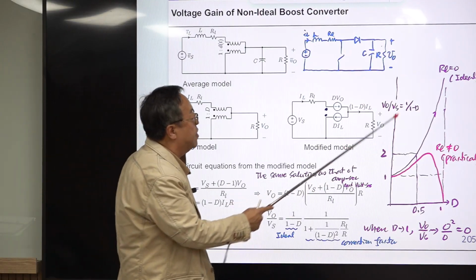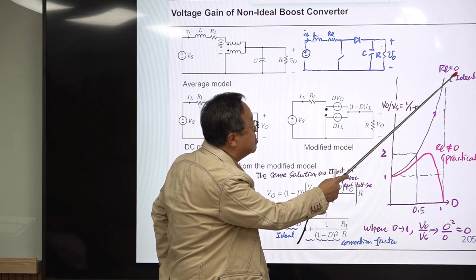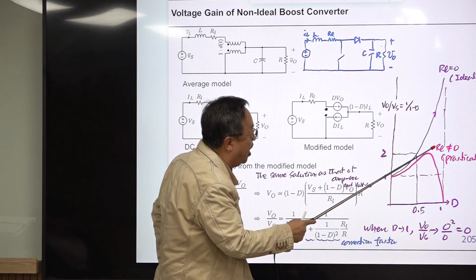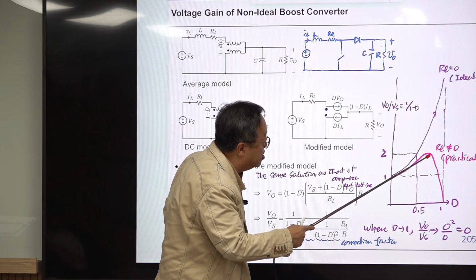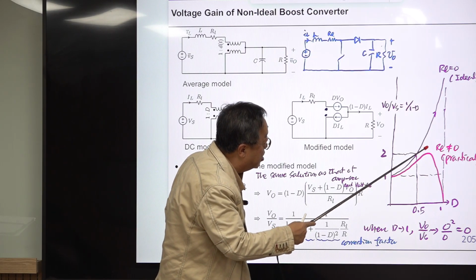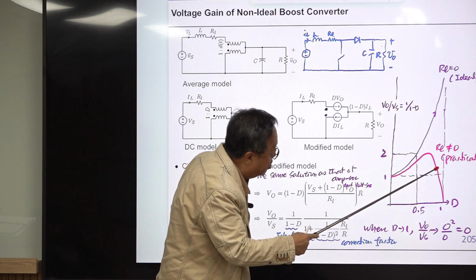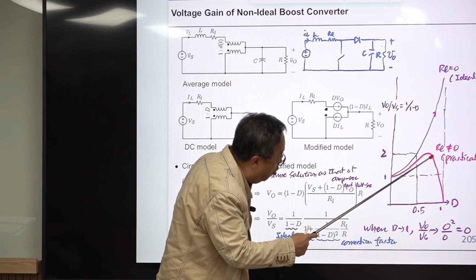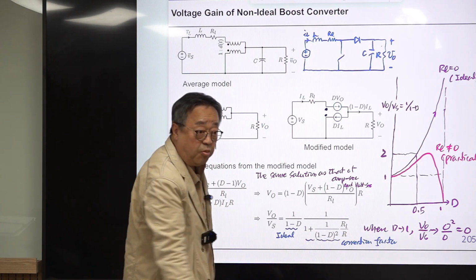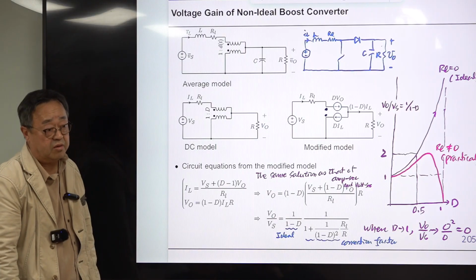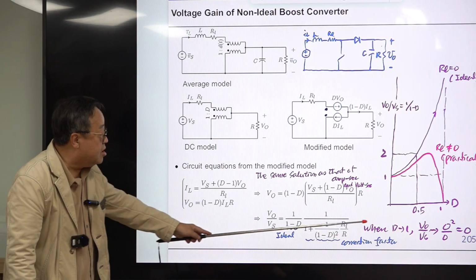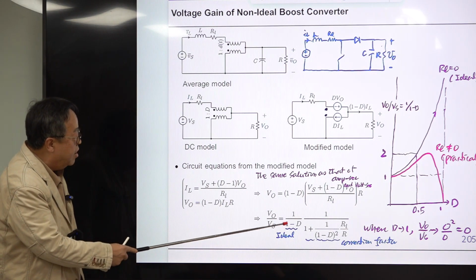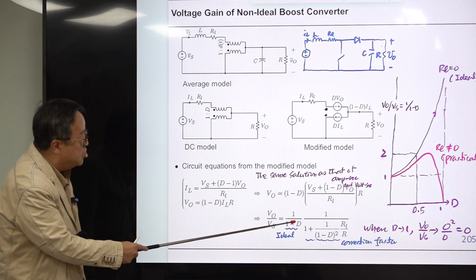So practical one, this is ideal one, RL is 0, and this practical one, RL is not 0. Then the actual voltage gain comes like this. You have some huge deviation, and it is homing to this point, the 0 point, not the infinity point. That can be seen from this equation. Suppose D is approaching 1, then this becomes 0, right?